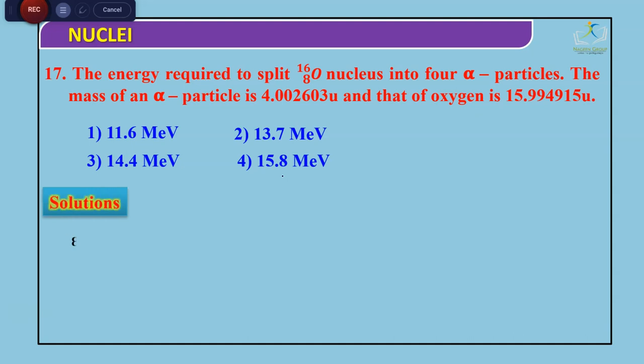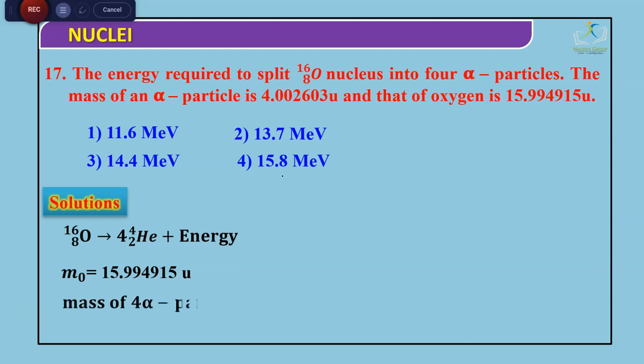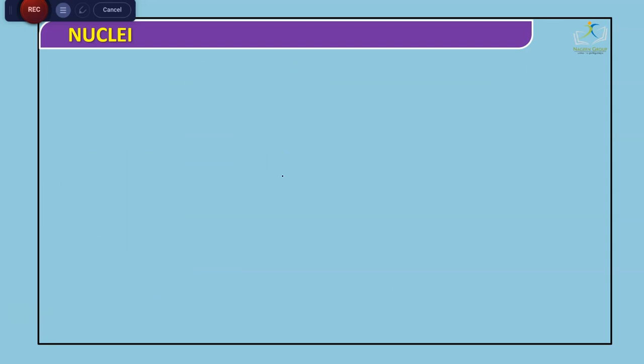Let's move to the solution, students. So the equation is: oxygen is split into helium plus some energy. The mass of the oxygen is 15.994915 u. The mass of the 4 alpha particles is 4 times 4.002603, so the complete mass gives 16.0104.